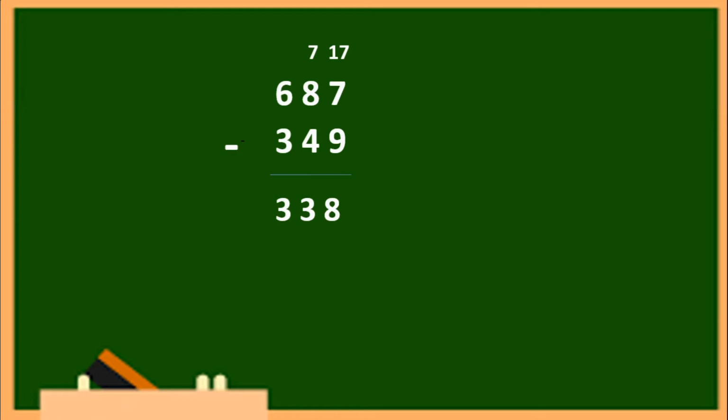Children, while subtracting, we should begin with digits at ones place, then the digits at tens place and finally the digit at hundreds place. So the difference of these two numbers is 338.